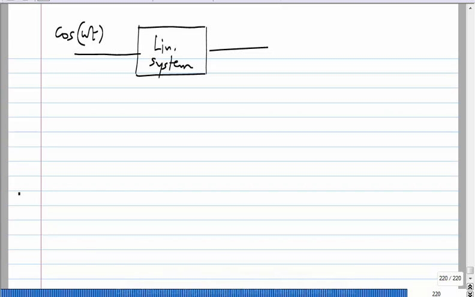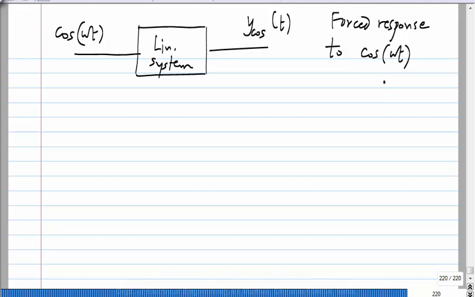The force response. So I don't know what it is, I'll just say y cos. Okay, that's the function. Y cos, this is the force response or steady state response to cos omega t, whatever it is.